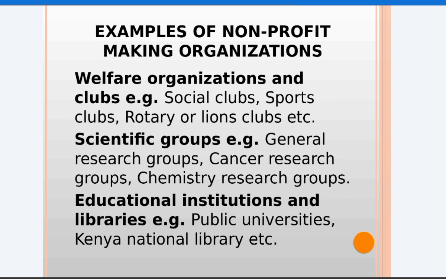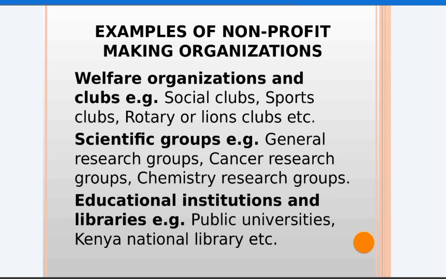So their main aim is to do research, and of course, from the research findings, you will find that people will benefit. We have organizations like the general research groups, the cancer research groups, the chemistry research groups, etc. And finally, we have what we call the educational institutions and libraries, where we have organizations like the universities, the schools, the primary and public schools.